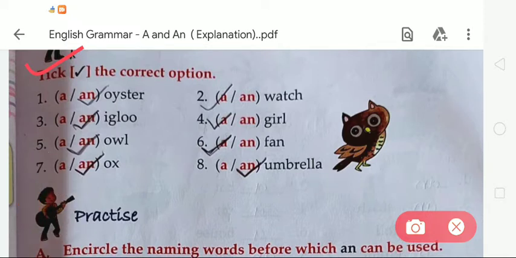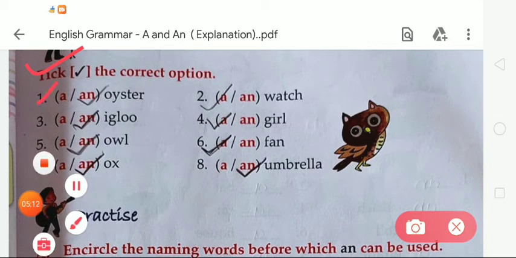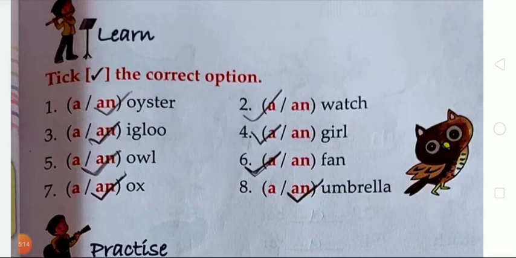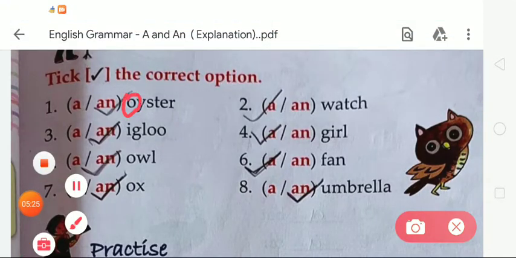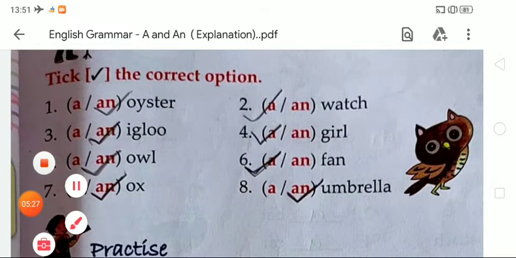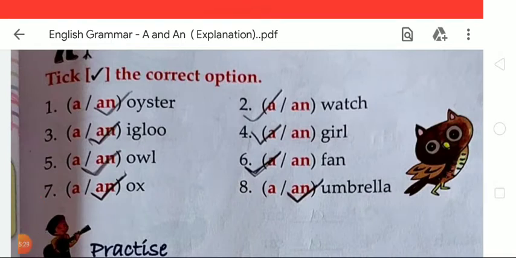In number 1 there is a or an oyster. What will be used? We all know that when words begin with vowels we use an. The first letter is O and it is a vowel sound. So here we have to use an, because it begins with a vowel.